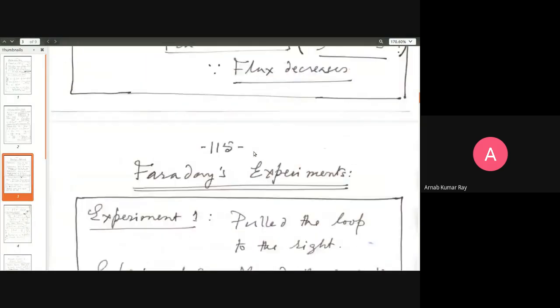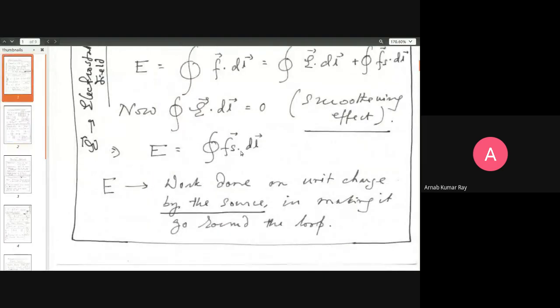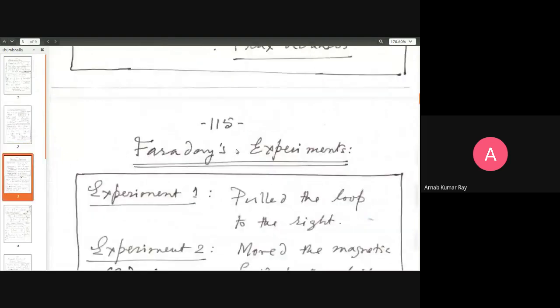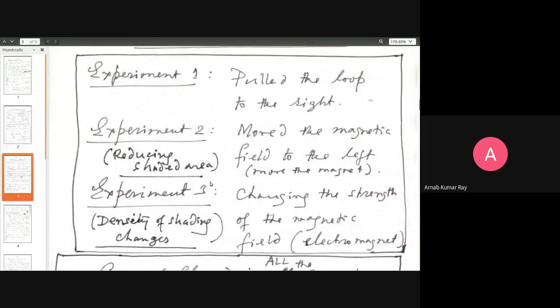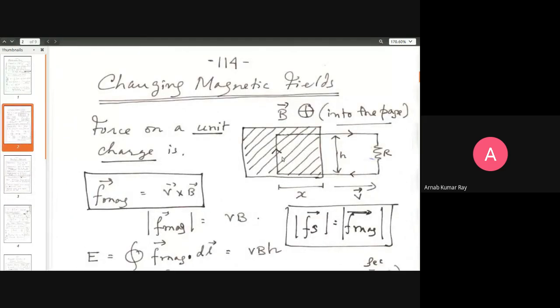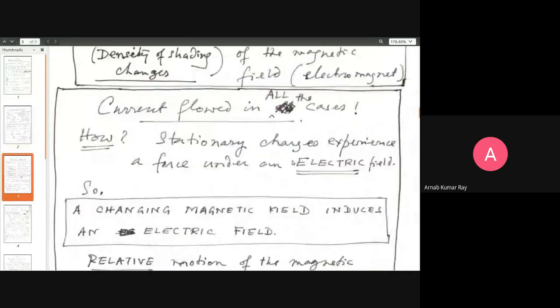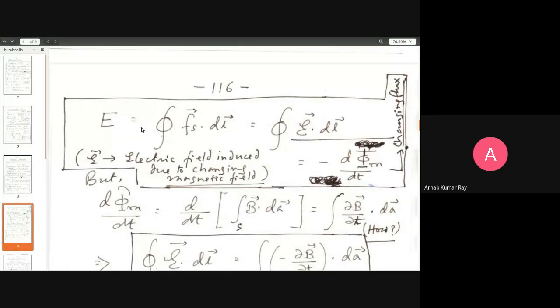I told you that electromotive force is the closed loop integral of Fs dot dl. So here you have carried out experiment 2 and experiment 3. These two things have produced a current. Therefore, there must be an electromotive force. So what is the source force? Electromotive force is the closed loop integral of Fs dot dl. Now this Fs I'm writing as E. What is this E?